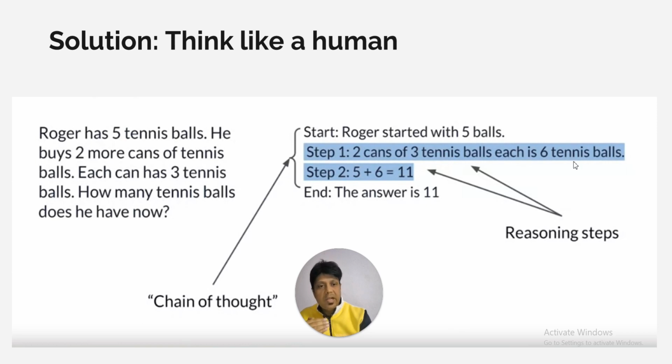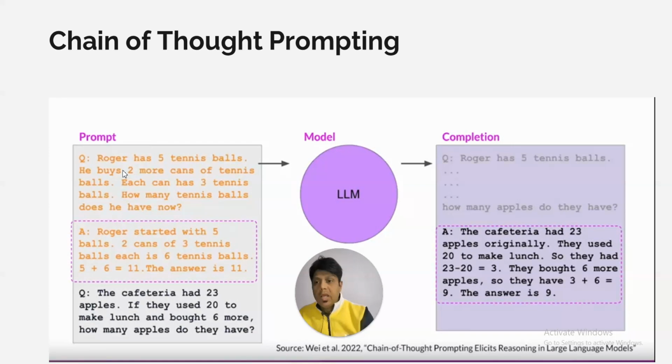Step 1, 2 cans of 3 tennis balls, which is now 6 tennis balls. Step 2, 5 plus 6 equals 11. So the answer is 11. Now these are known as reasoning steps, and the way you write it is known as chain of thought. So basically it is how you are thinking, how you are approaching the problem. The same way, if you provide the example to ChatGPT, ChatGPT will also approach the problem in a similar way.